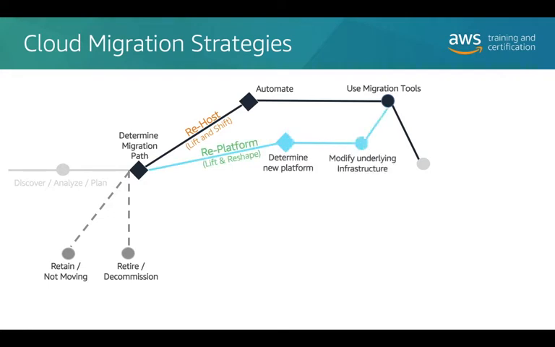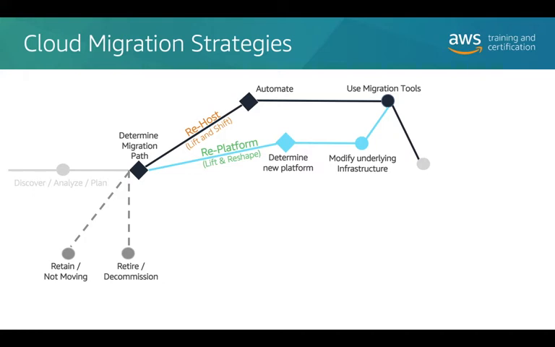Another approach that some customers use is a little bit more involved. It's called replatforming. What this involves is not just taking the infrastructure and moving it, but actually looking to platform it onto a new environment. Examples of this is you might move from one version of Windows Server you're currently using on premise today to a later version of Windows Server.